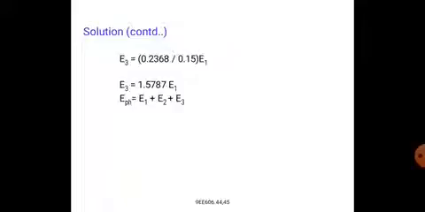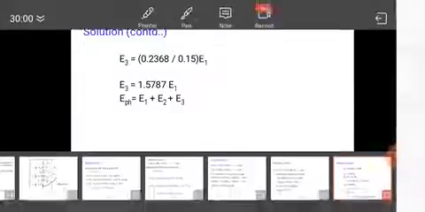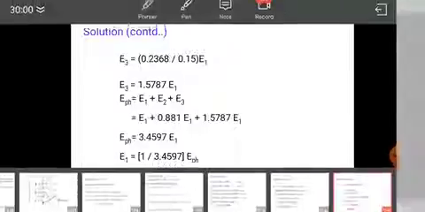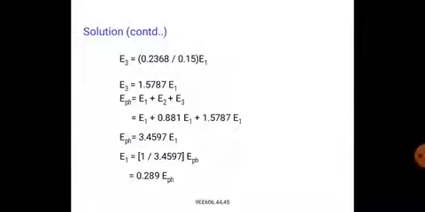So E phase is equal to E1 plus 0.881 E1 plus 1.5787 E1, that is 3.4597 E1. So E1 is equal to 1 by 3.4597 into E phase, that is equal to 0.289 E phase.